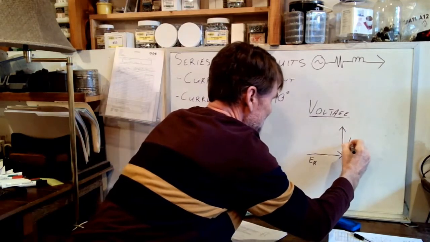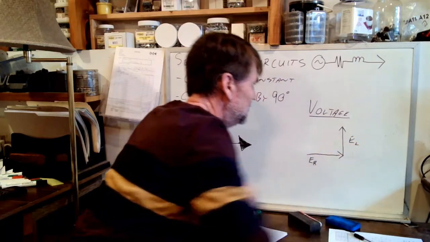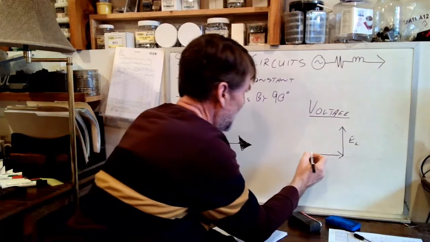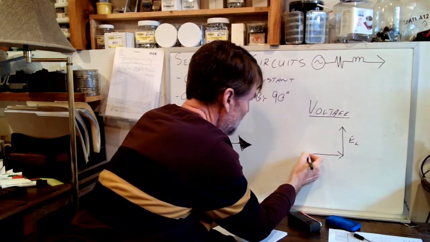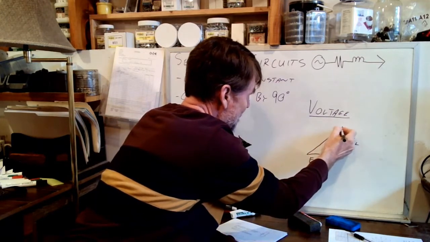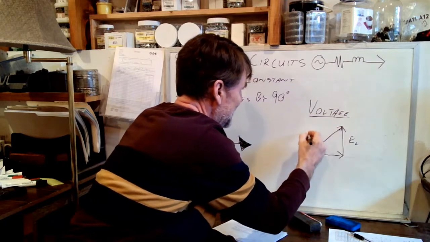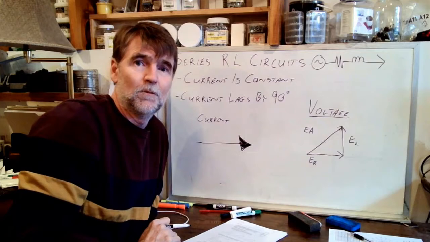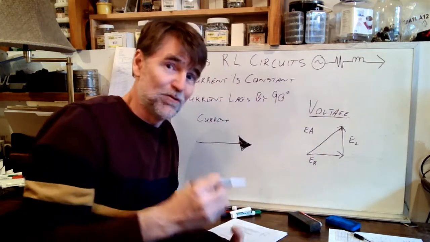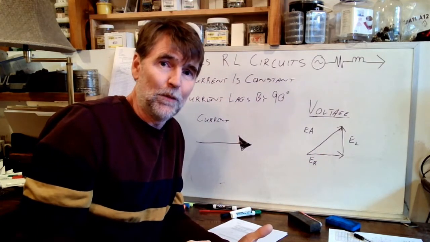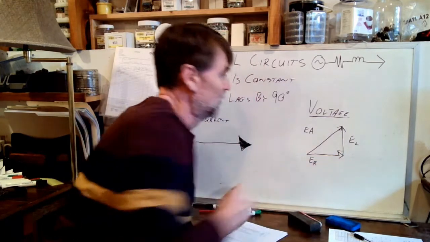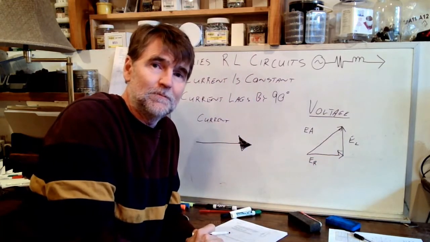So this is E subscript L. Now we need to add them together, and this is the applied voltage. This isn't really difficult vector addition like we were doing last week, because we have a right angle triangle.